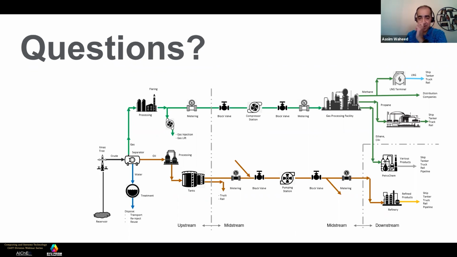Typically, where we are right now, even though the technology has improved a lot, even as we stop production from a reservoir because we cannot produce from that reservoir, we are still leaving a fairly large percentage of oil in the ground, simply because we don't know how to get it out of the ground.